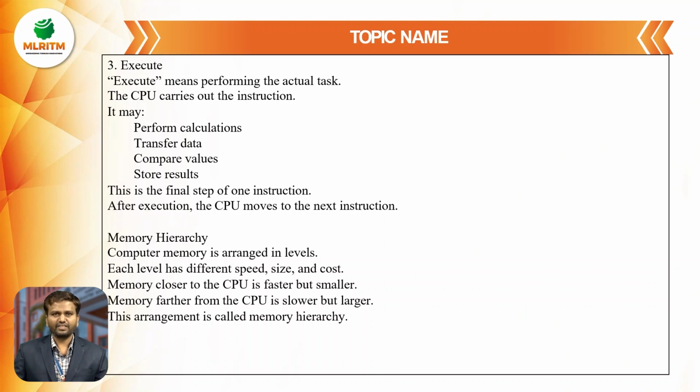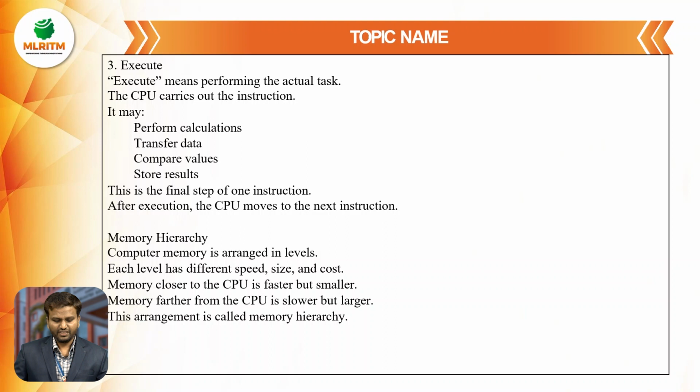Suppose we have three registers, and C equals A times B. Here C is one register, A is one register, and B is one register. The A and B registers are operated on, and the result is transferred to the C register. This is the final step of the instruction.